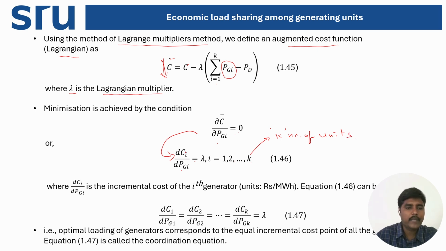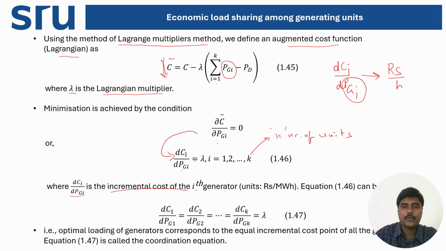And this dCi by dPgi is called the incremental fuel cost of the ith generator. Let me write it separately so that you can understand. In dCi by dPgi, the numerator is the cost, which is expressed in rupees per hour, whereas the denominator is PGi, the power output of the ith generator.